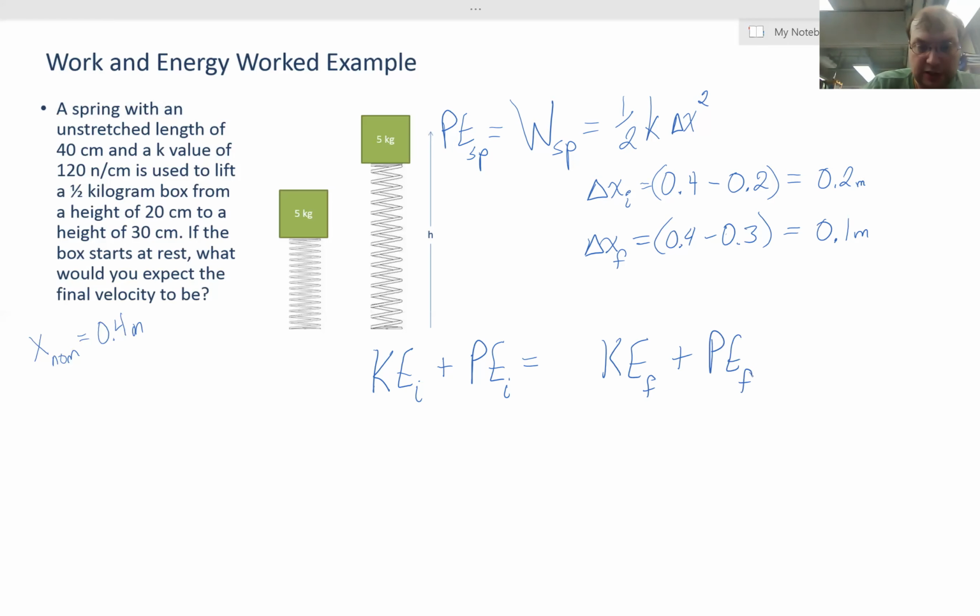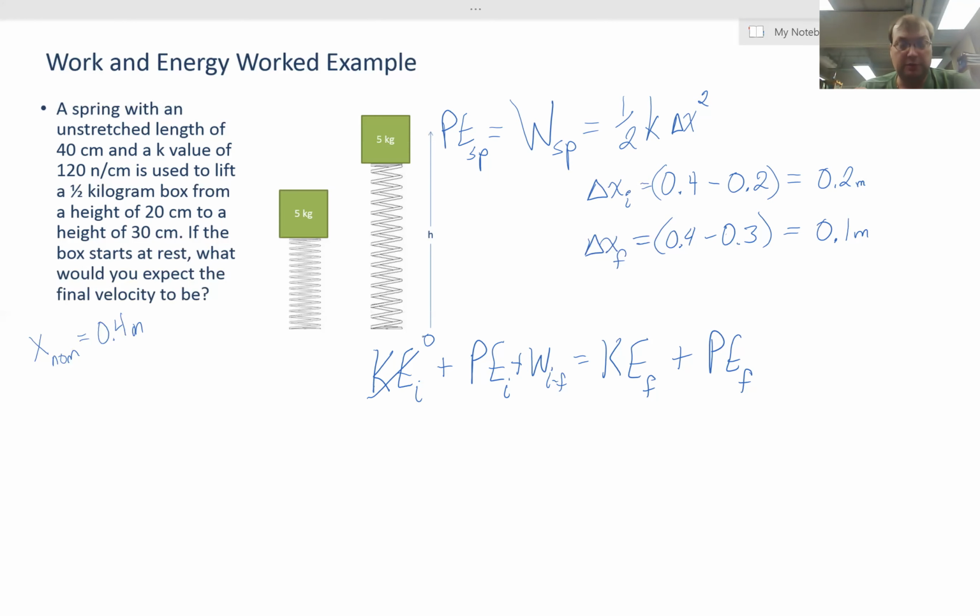And I did forget to include on the left-hand side plus the work to go from initial to final. Initially it is at rest, so initially there is no kinetic energy. It is equal to 0.